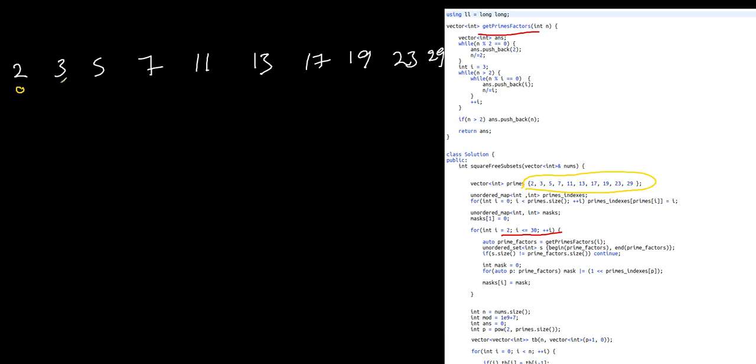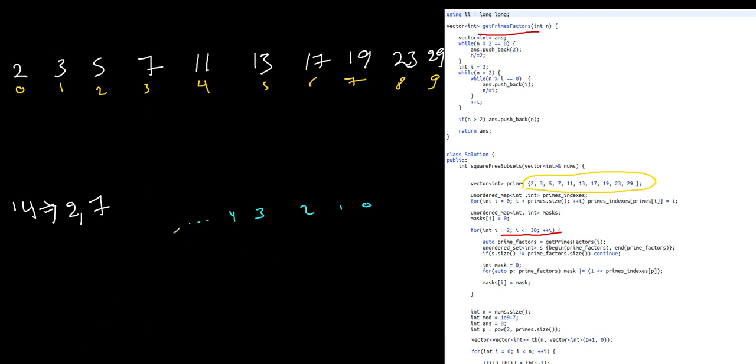So let's say these are the indexes of these prime numbers: 0, 1, 2, 3, 4, 5, 6, 7, 8, 9. So for example, if we have number 14, the prime factors for number 14 are 2 and 7, and to encode this into a mask, this is bit 0, this is bit 1, 2, 3, 4, and so on.